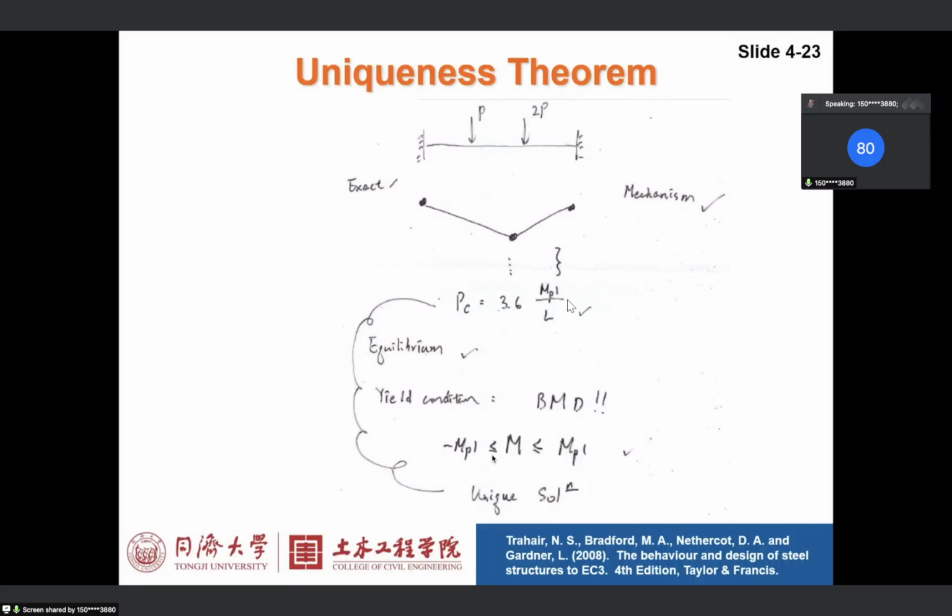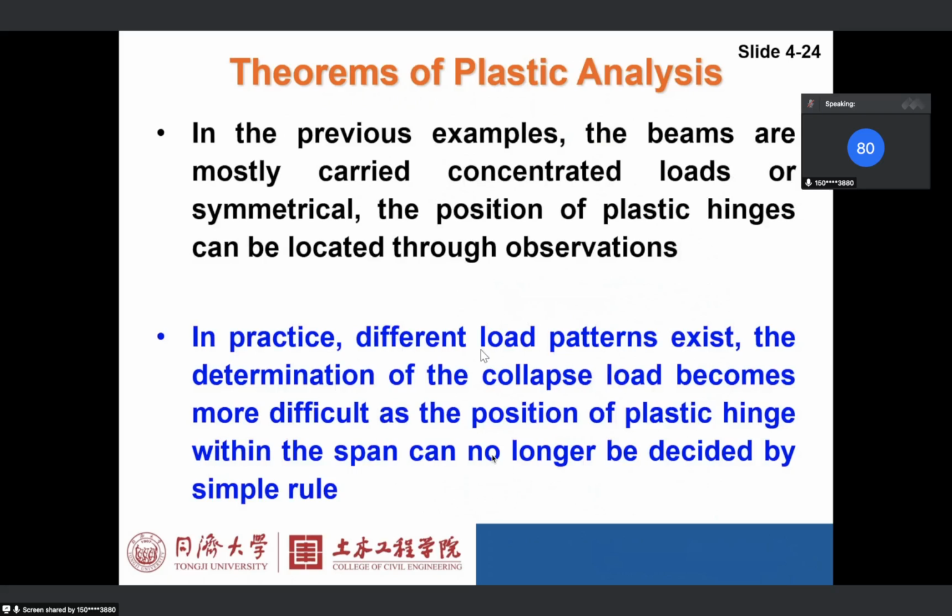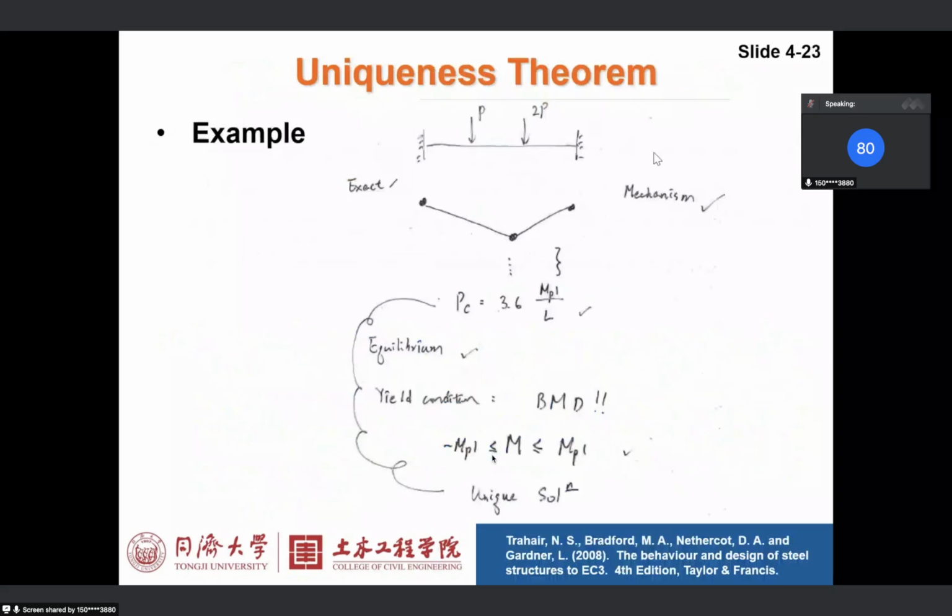Let me show the real answer is 3.6. This is the real answer. If you make plastic hinges here, here, and here, you will get the exact result. So I would like you to do this after class.